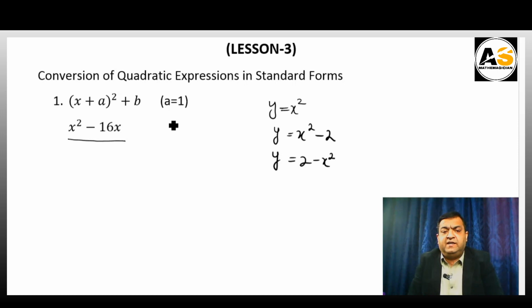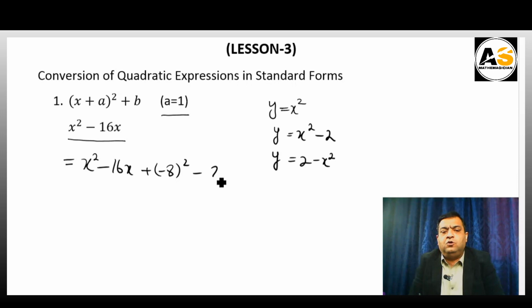There are 5 different cases. In case 1, coefficient of x square is plus 1, like this. In this case, we will convert the expression into this form: x plus something whole square plus any constant. Let us learn this. X square minus 16x. We will take half of b, which is minus 8, and we will add and subtract the square of minus 8.